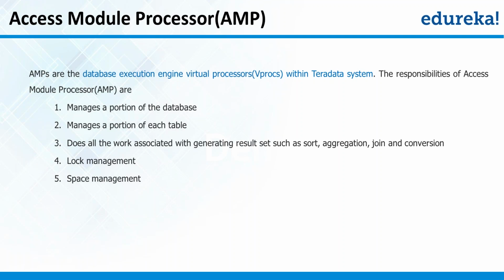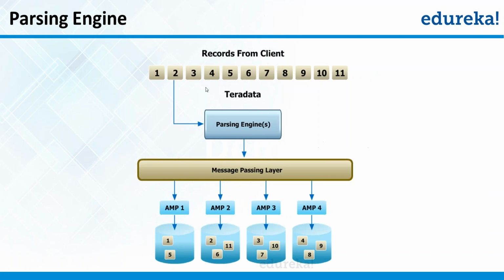So the AMP is also responsible for lock management. When I'm trying to update, I should not have other records reading from that same memory location, so I need to do lock management as well. AMPs do that. And then I have space management: how much space to allocate. All that is also there with the AMP.